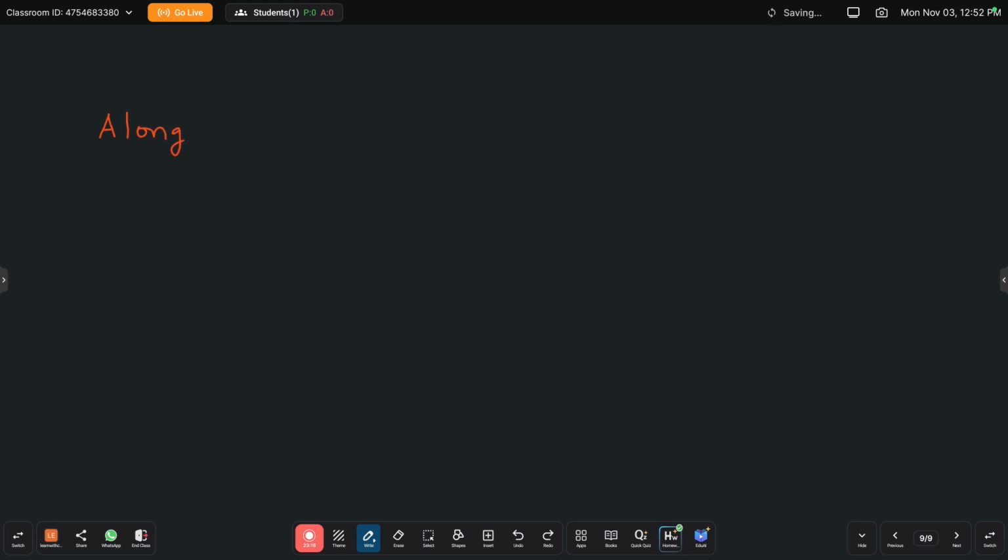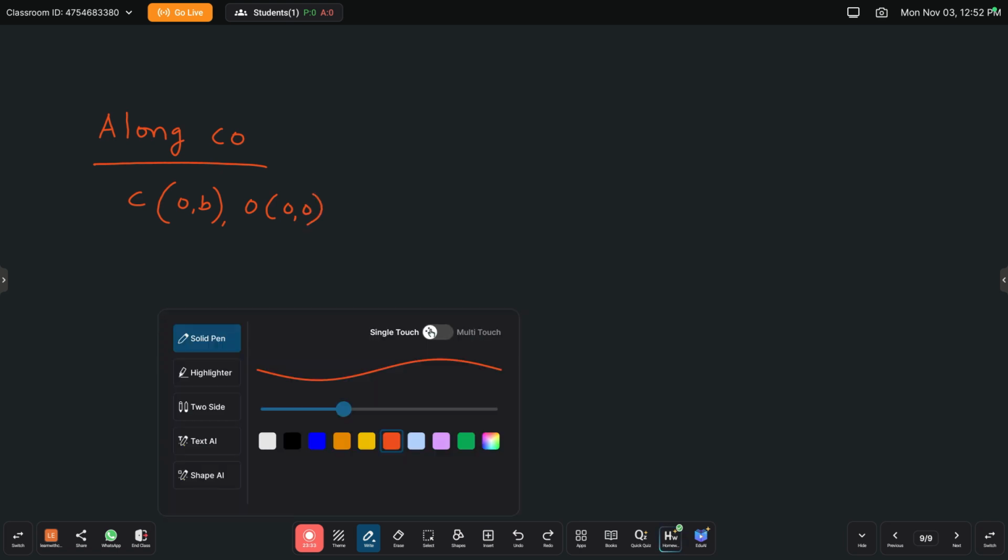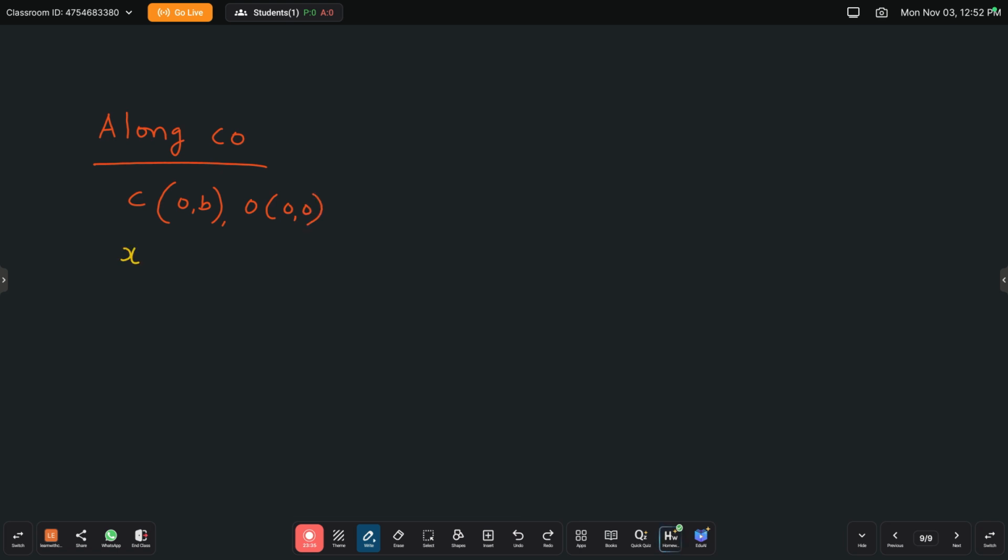First write the coordinates. What is the C value? C is 0, b, and O is 0, 0. So you can take x values as 0, x is 0 clearly and dx also becomes 0, and y is taking the limits b to 0.